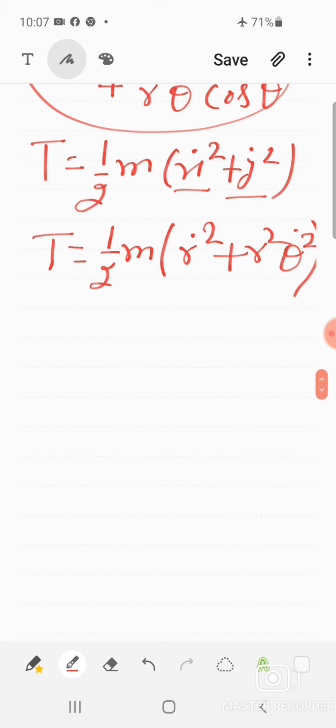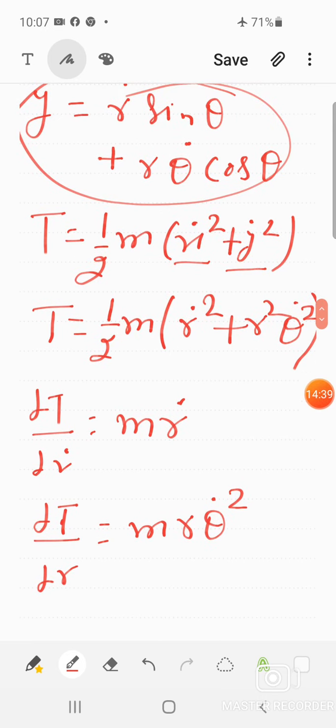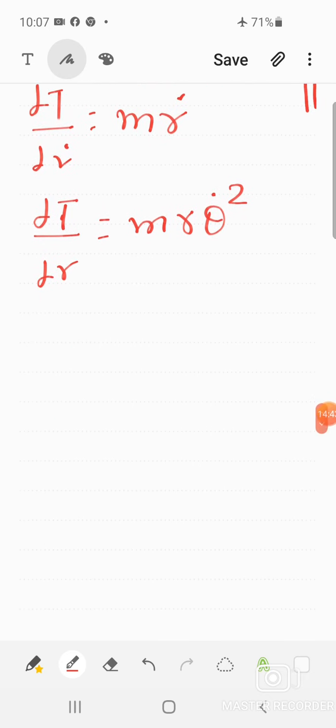Then curl T by curl r dot will be equal to m r dot, and curl T by curl r will be equal to m r theta dot square. Similarly, we find curl T by curl theta dot and curl T by curl theta.